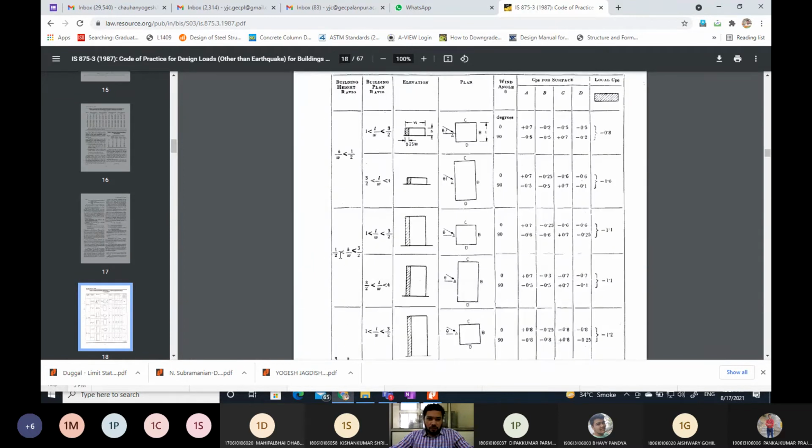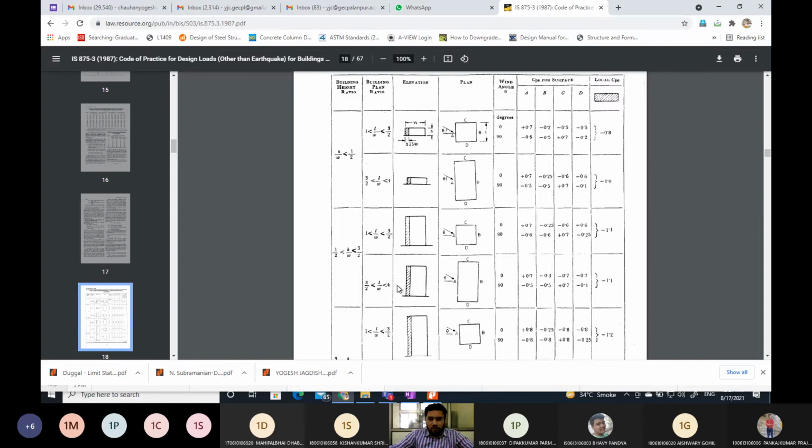So in our case, H by W ratio is between 1 by 2 and 3 by 2. Then L by W in our case is 48 by 16, that is 3.